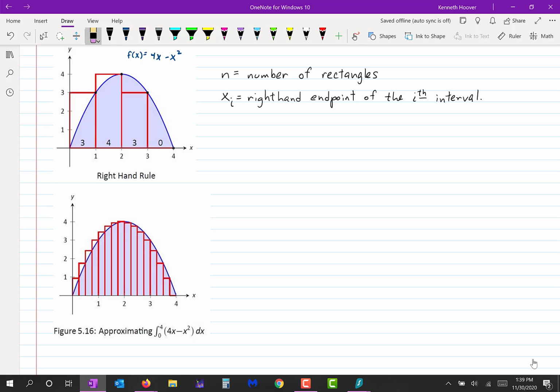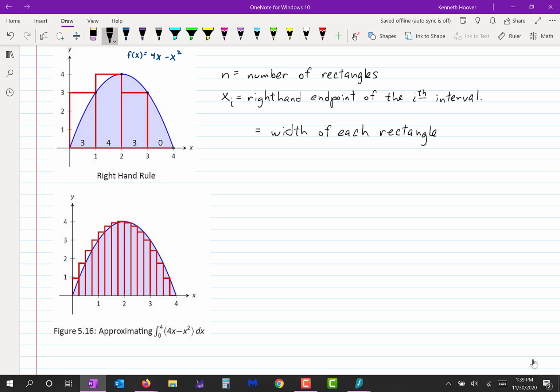Now, you form those rectangles. What is the width of each rectangle? Let's figure this out. So you have the interval from 0 to 4, and you divide that up into n rectangles.